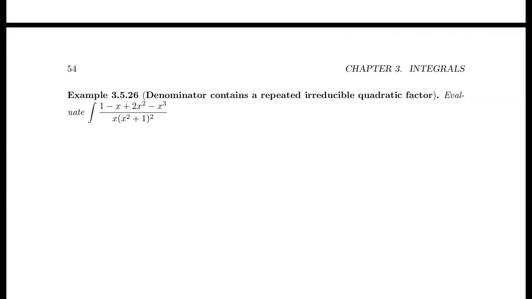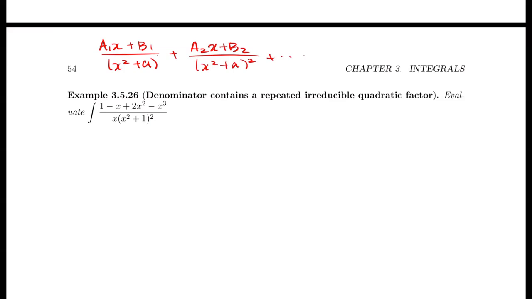So what I mean is we would have to write a1x plus b1 divided by x squared plus a. So say that's the irreducible factor. Then we would have a2x plus b2 divided by x squared plus a, squared, and so on. So that's what we're going to do here.